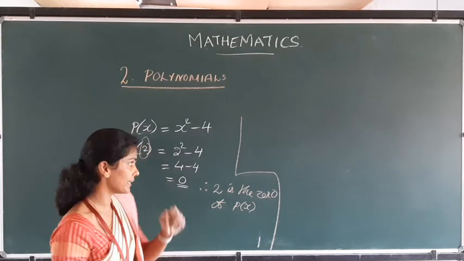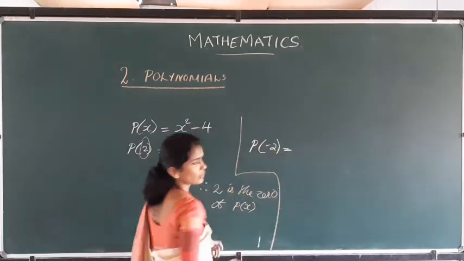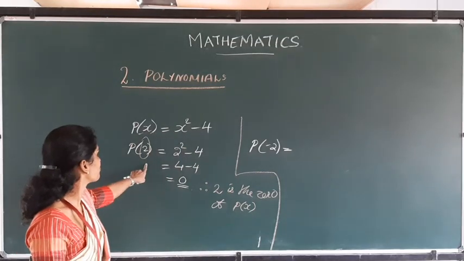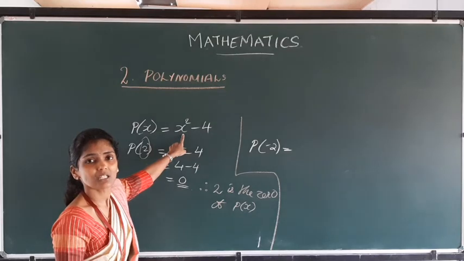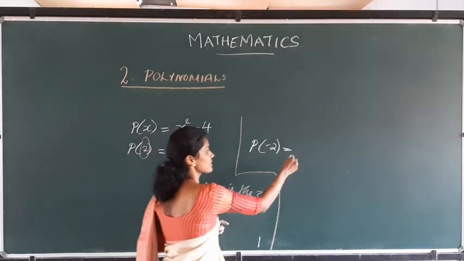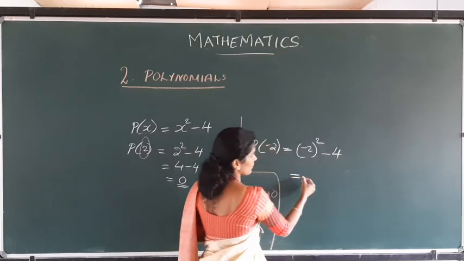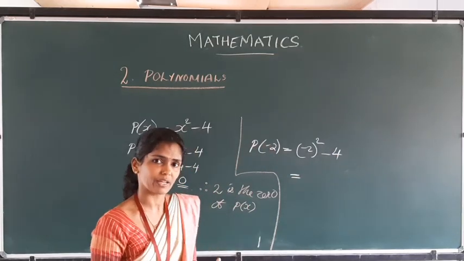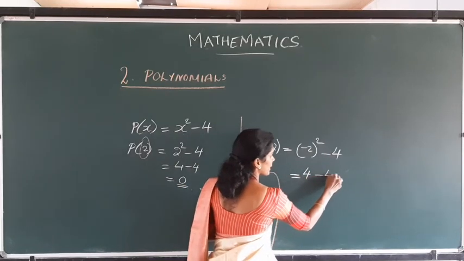Consider another number, p of minus 2. What happened there? Substitute x equal to minus 2. That means minus 2 the whole square minus 4. What is minus 2 the whole square? That is 4 minus 4.